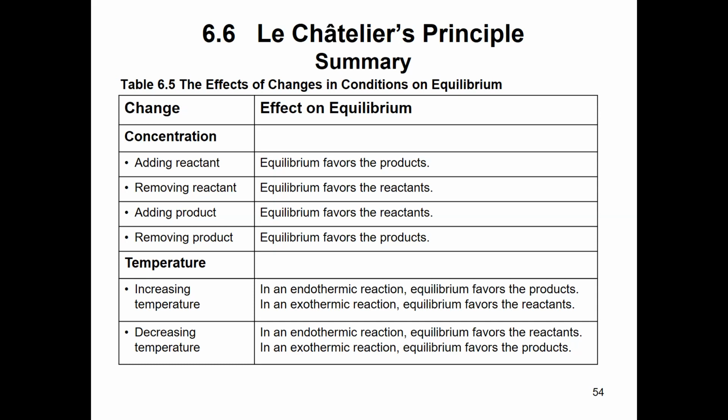And if you decrease the temperature and you have an exothermic reaction that produces heat, then the equilibrium will favor the product to produce heat, because you are decreasing the temperature. So the equilibrium will try to increase the temperature by producing heat, counteracting the change you've made to the equilibrium. So that's the idea of Le Châtelier's principle. It's always trying to counteract the change that you've made.